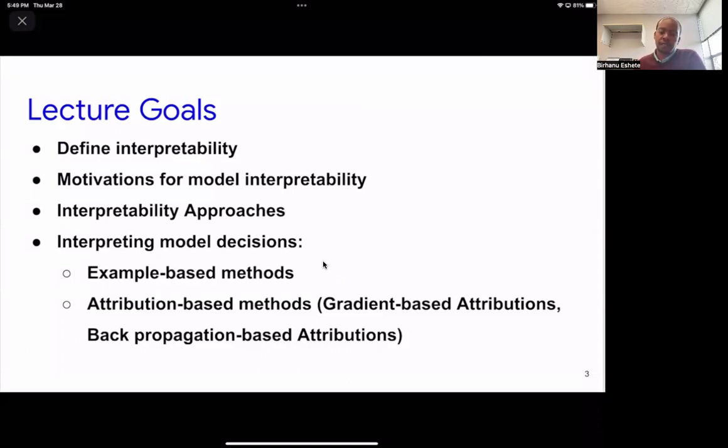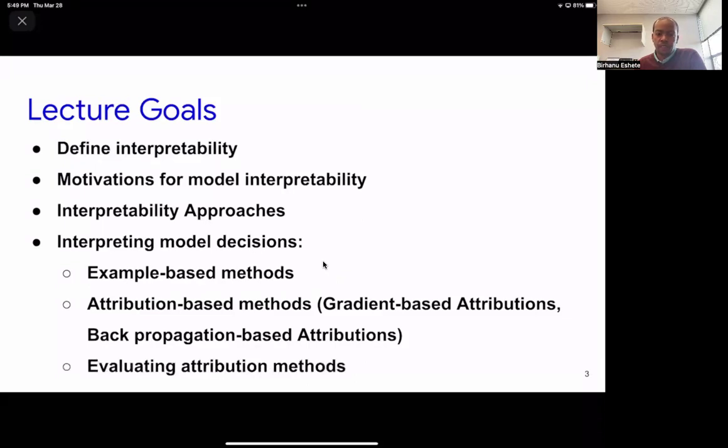Some are based on gradients. For example, we rely on gradients of the models as the model predicts on inputs and computes the gradient, or the central piece in stochastic gradient descent, which is backpropagation. So the backpropagation approach could also be used for explaining or interpreting what the machine learning model is trying to do.